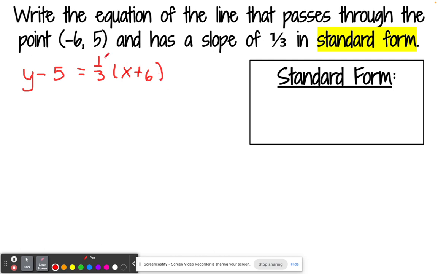Let's feed the birds. 1/3 times x is 1/3 x. I'm just going to draw one line. 1/3 times 6 is 2. And I still have y minus 5 on this side.